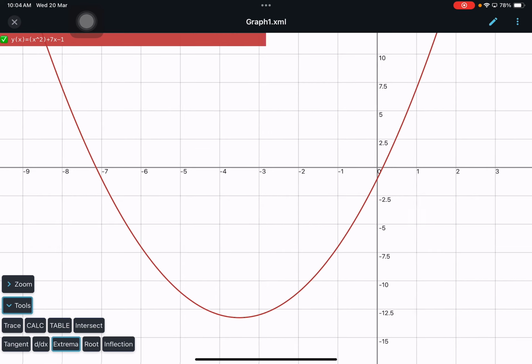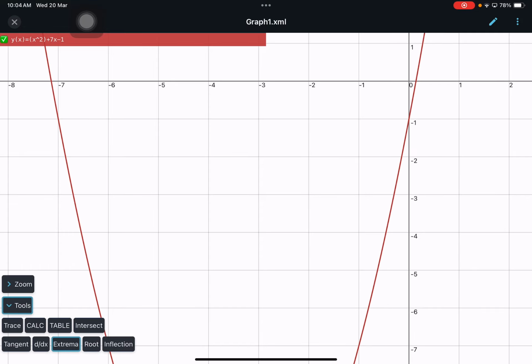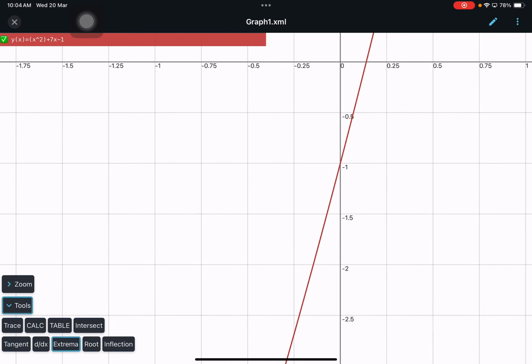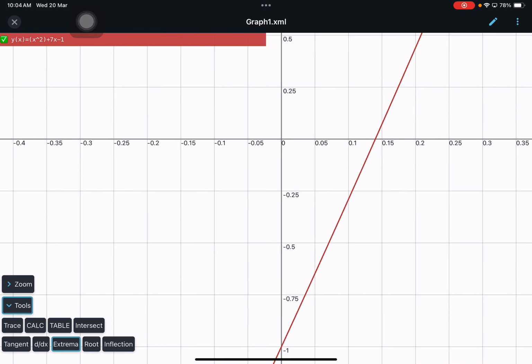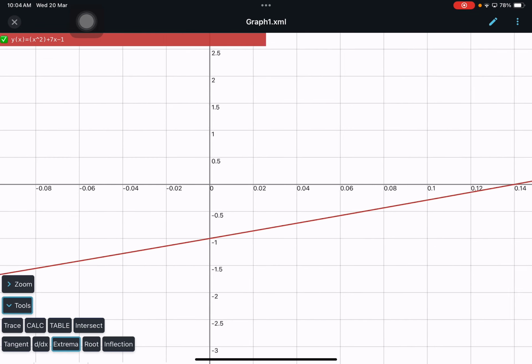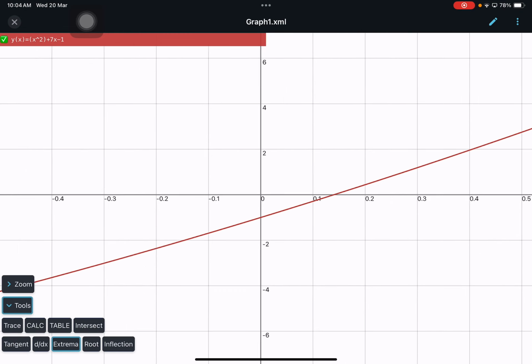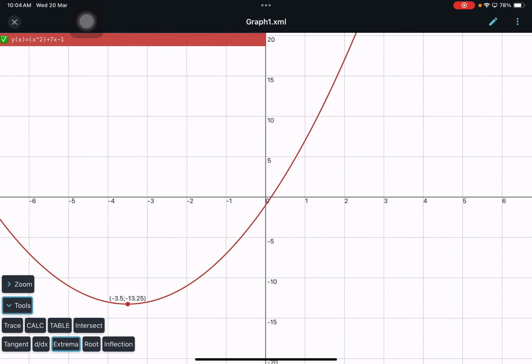Our intercept is not very nice. Y-intercept is minus 1. X-intercept is not very nice. Why? What happened?